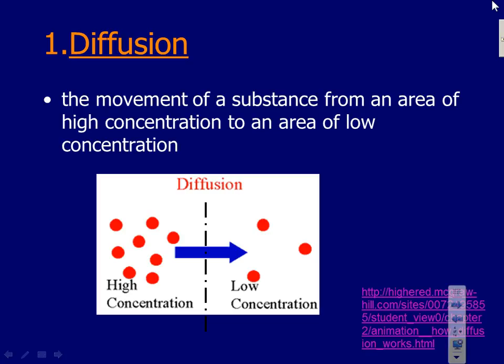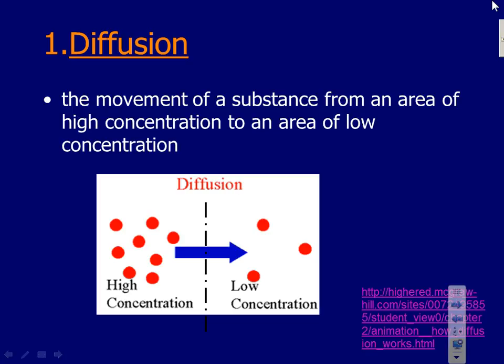Now, in a cell, there's always going to be a low concentration on the inside because the cell is using it up. Let's say that was oxygen that the cell needs. The cell would keep using the oxygen up on the inside, and therefore there would always be low concentrations on the inside because it's using it up. So as it uses up that oxygen, any oxygen that's out here will slowly work its way in, and it'll just keep working its way in as it's being used.